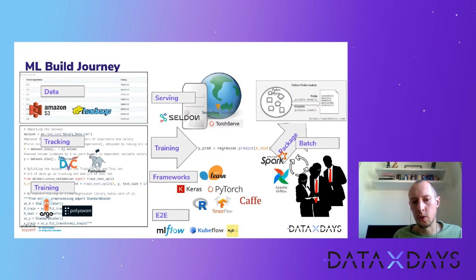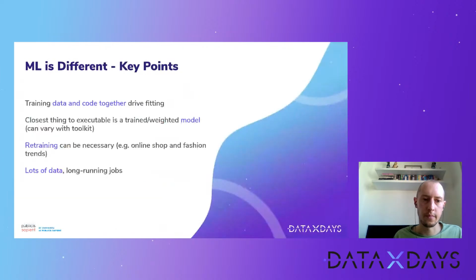Kubeflow is an open source end-to-end solution for Kubernetes. So there's another space of tools which are aiming to be end-to-end and provide more of a platform with all of the different elements included within the platform. Often the end-to-end solutions have a certain bias towards particular parts of the journey.